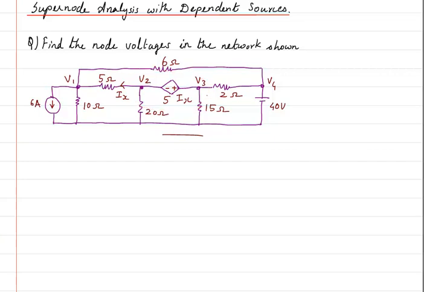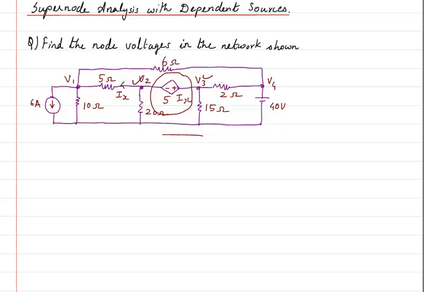Now again, to refresh your memory, where do we require the usage of supernodes? We require the usage of a supernode when we have a voltage source between two nodes.